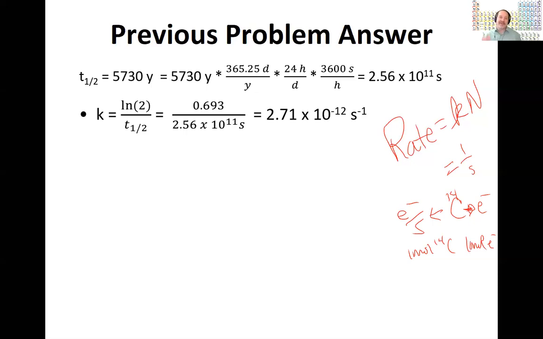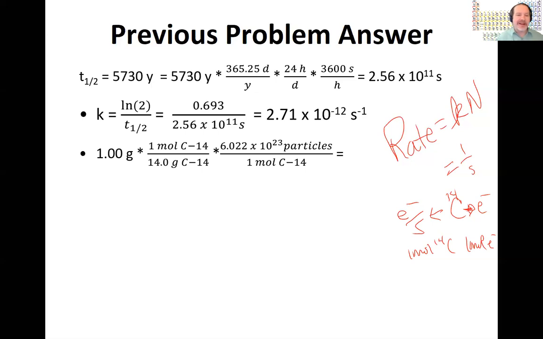This goes back to our earlier calculation: how many atoms are there in 1 gram of carbon-14? Divide by the atomic mass of carbon-14, multiply by the number of particles, and we get 4.03 times 10 to the 22 atoms of carbon. But it's also the number of electrons that would be given off in that beta emission.